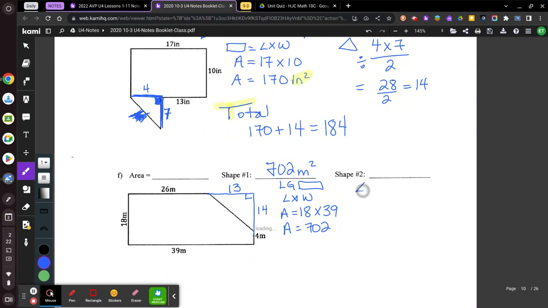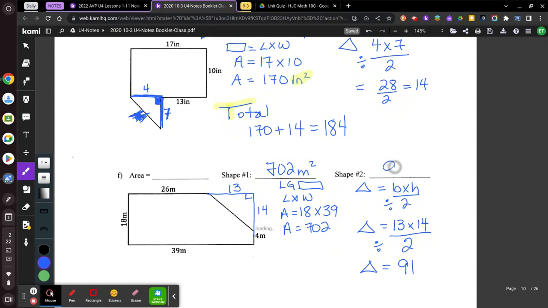Shape 2 is going to be a triangle, which is going to be base times height divided by 2. So my base is 13, my height is 14. So 13 times 14 divided by 2. So our triangle is going to give us 91.